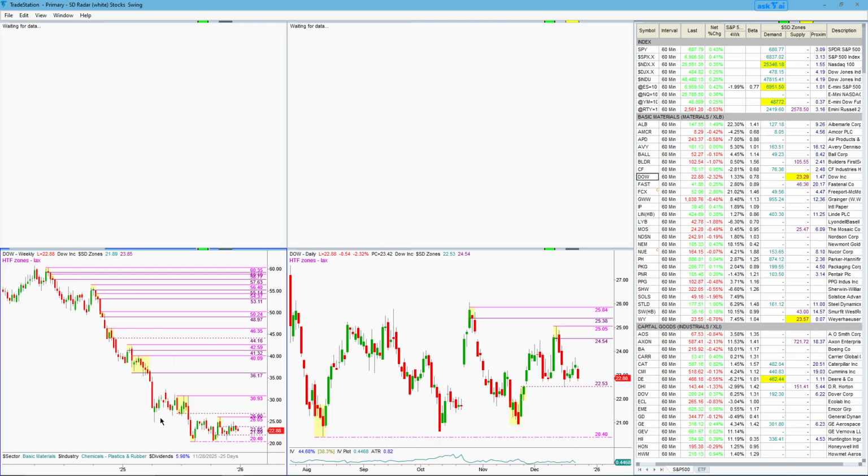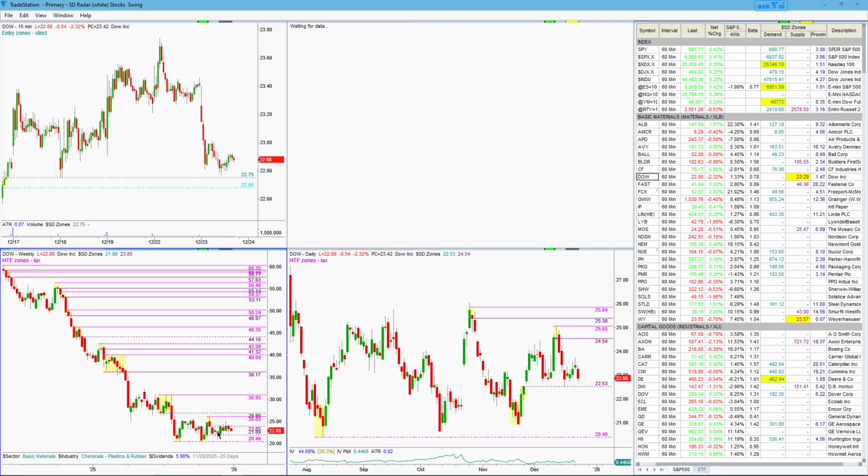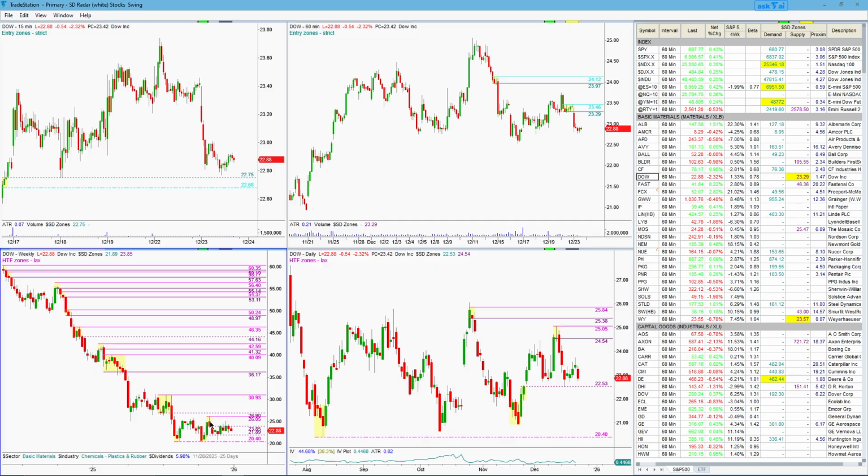They just could not find a bid. So that is a stock where, by and large, you do want to look for supply zones, all else being equal, when it's a weak stock. That said, it actually has come down and is leveling off a little bit. So the last few weeks, it seems to not pick up further downward speed, and that is reflected also on this daily chart down here.